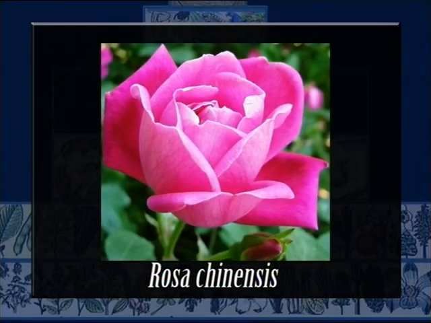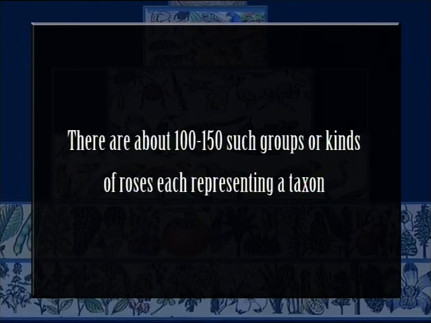All the Chinese roses together form one taxon known as Rosa chinensis. This represents a group of similar plants assigned to the taxonomic category species, at the rank of species in the taxonomic hierarchy. There are about 100 to 150 such groups or kinds of roses, each representing a taxon at the rank of species.